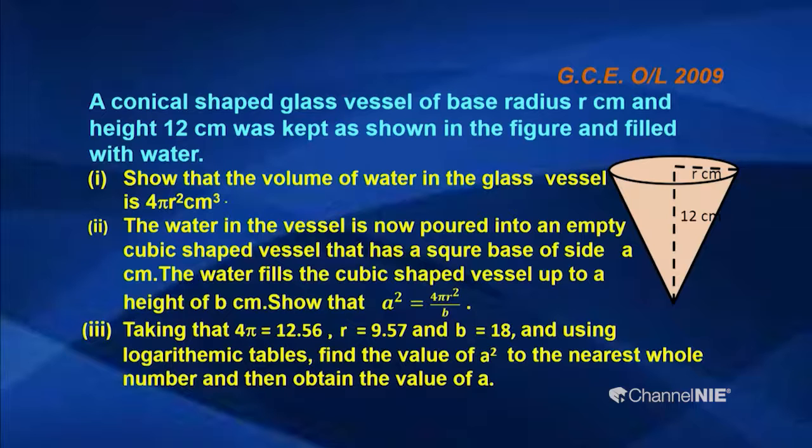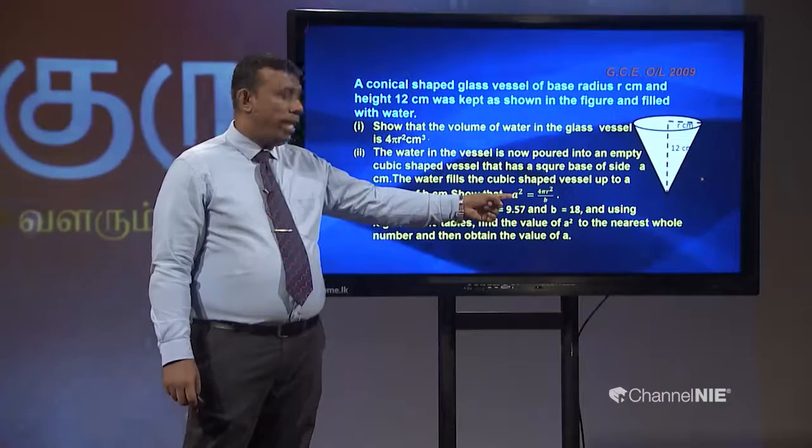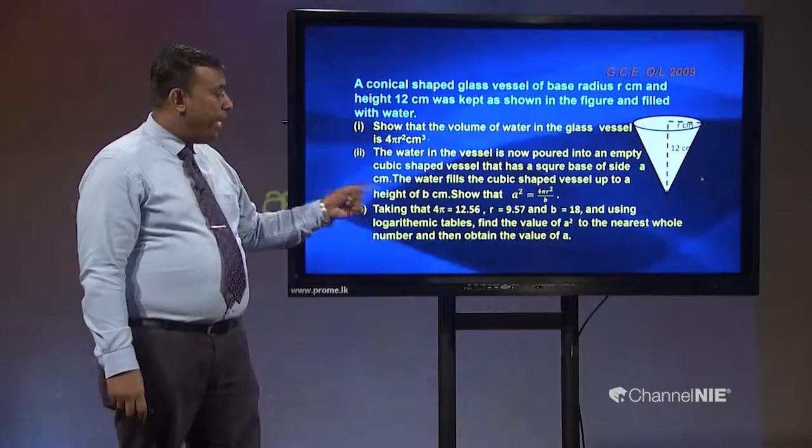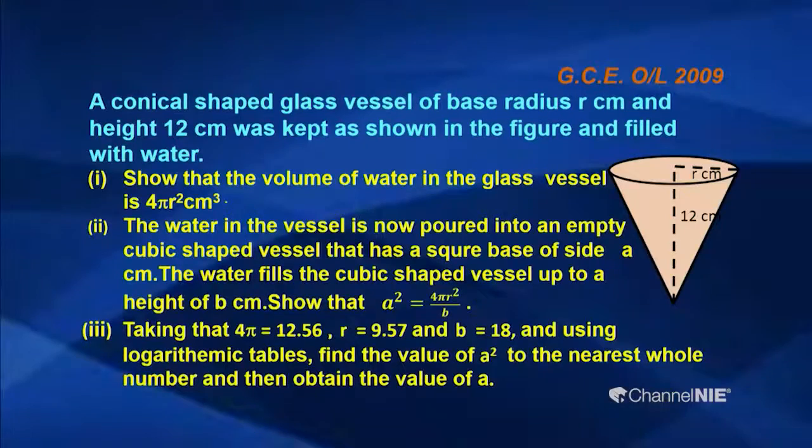And they ask to show that a squared equals 4π r squared over b. Now look at the third one, taking 4π equal to 12.56, r equal to 9.57 and b equal to 18, and using logarithmic tables find the value of a squared to the nearest whole number and then obtain the value of a.